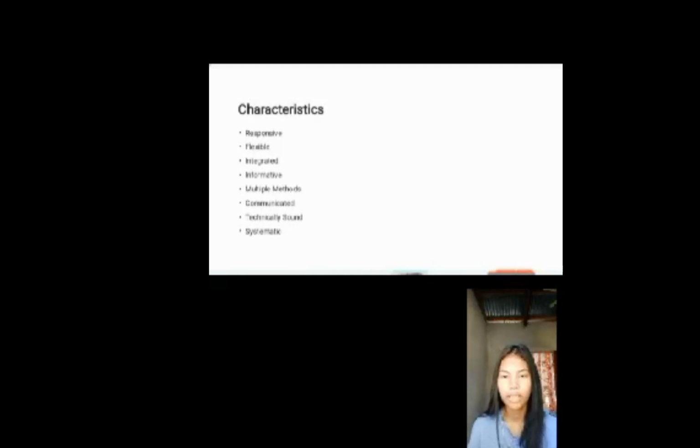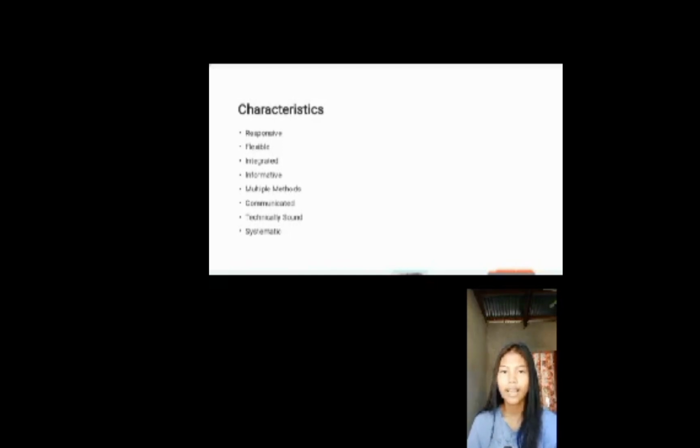Next is flexible. Assessment needs to be adaptable to students' setting. Rather than the identical approach that works in traditional assessment, 21st century approaches are versatile. When we say versatile, it means able to adapt or be adapted to many different functions or activities.